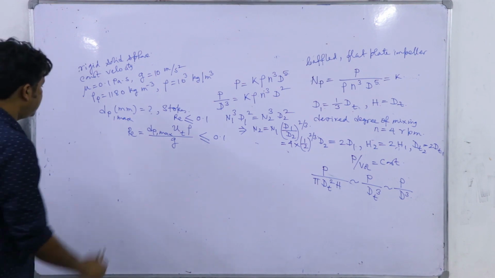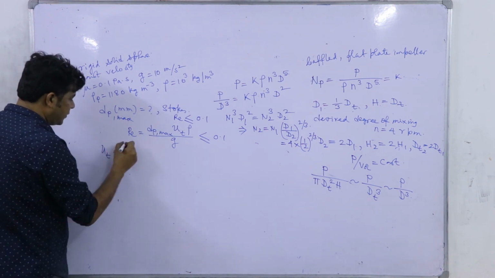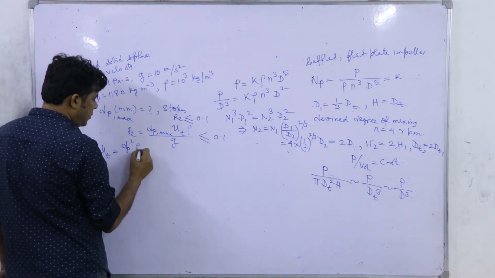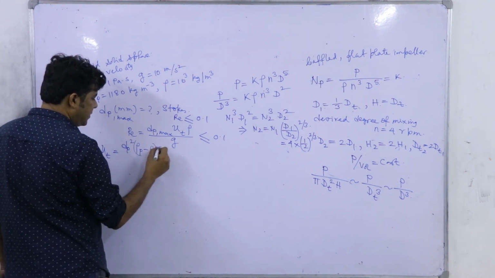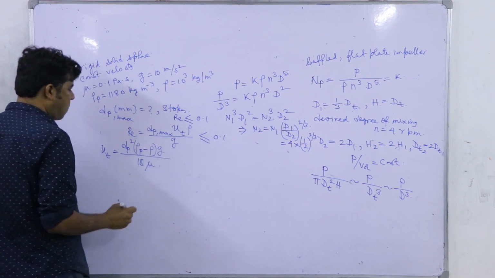So, ut, according to Stokes law, is dP square into (rho p minus rho) into g divided by 18 mu.